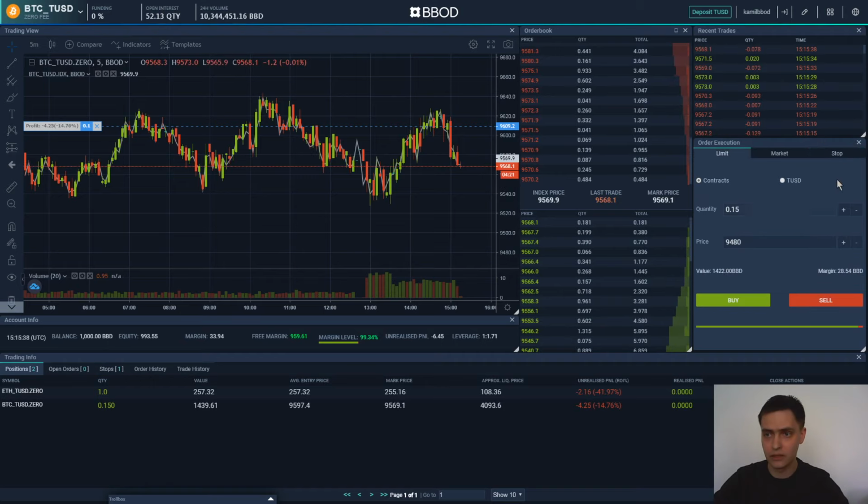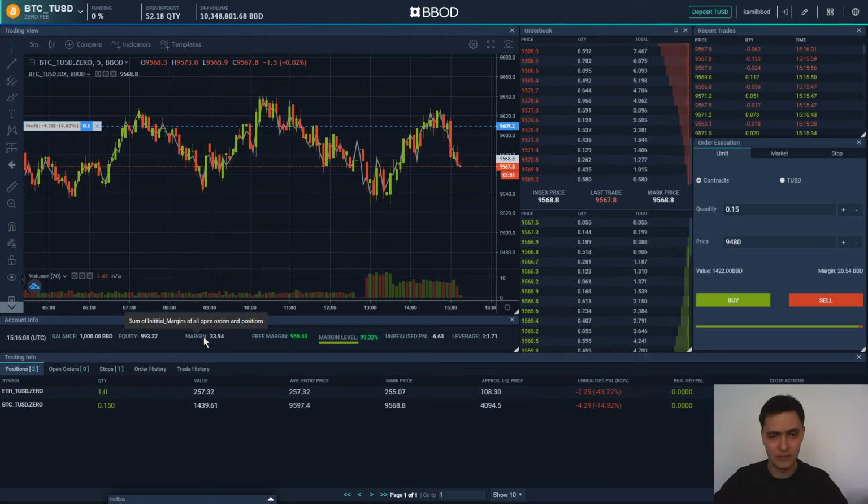Okay, so I think the order execution window is pretty straightforward, so I will move to account info. Here I can see all the information about balances, equity, margin, etc. All the useful indicators I use. So my balance is 1000 BBD, my equity is a bit lower because I entered losing long positions.